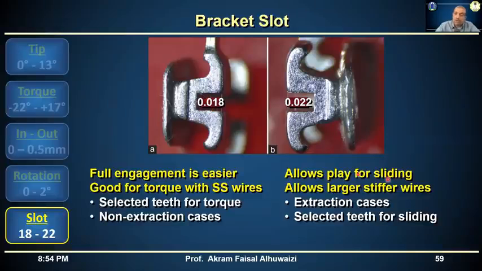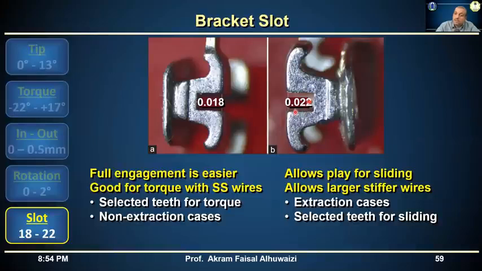It allows for stiffer wires. Because it's so large, if you put a small wire, it's going to slide freely. If you put a heavier wire, it's going to be very stiff. That's why this is very useful in extraction cases, where you need stiff wires to control the occlusal plane.